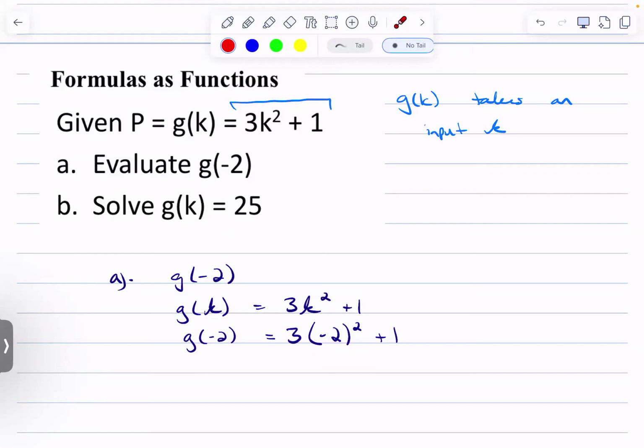And so it takes an input k, squares the value of k, k to the power of 2.